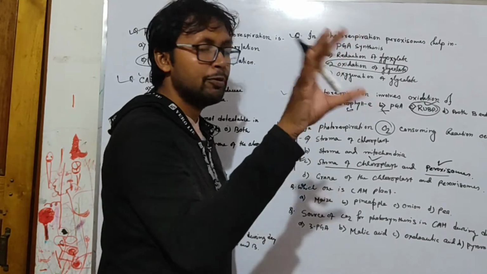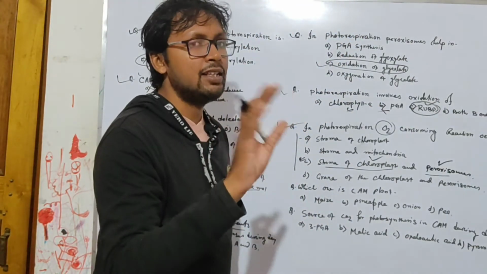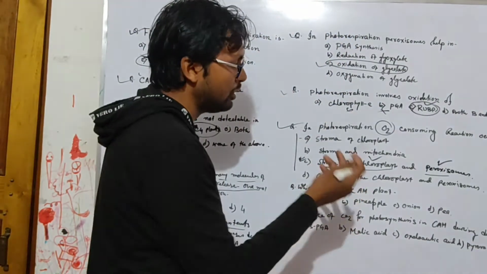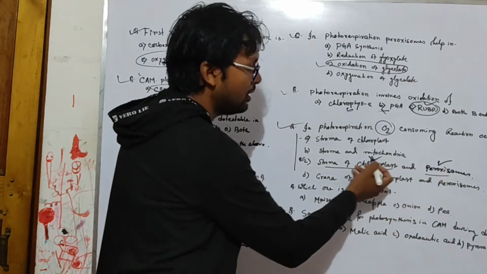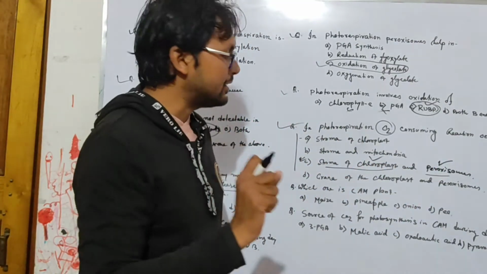We know that RuBP is attached with oxygen, and glycolate is attached with oxygen. So glycolate is attached to oxygen in the peroxisome, and in the chloroplast RuBP is attached to the oxygen.